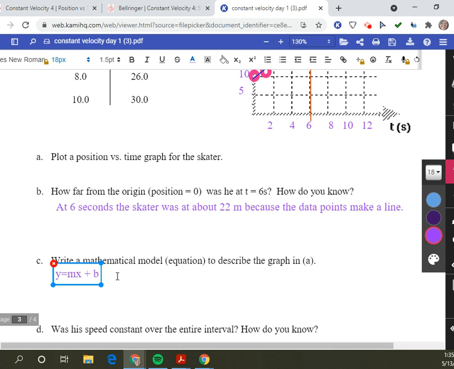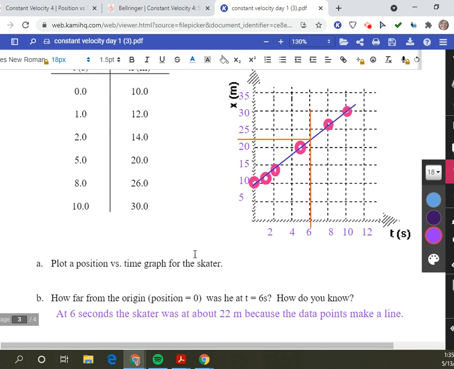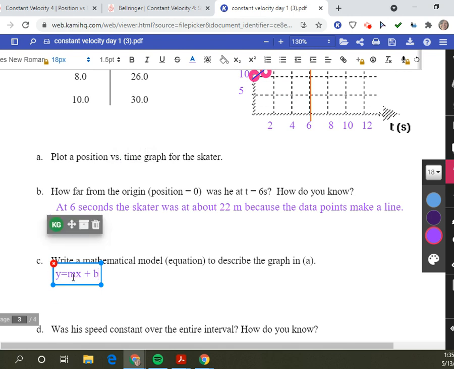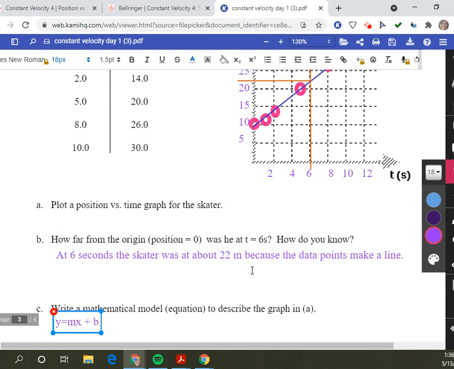So let's think about what this is. Well, we know that y is y. Y in this case would be our position. M is the slope of the line. We're going to talk about that slope in a second. X is time, but what is b? B is your y-intercept.